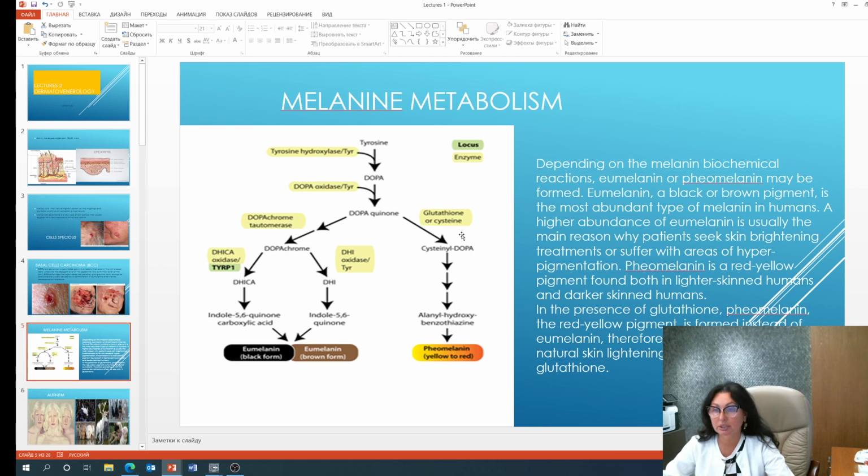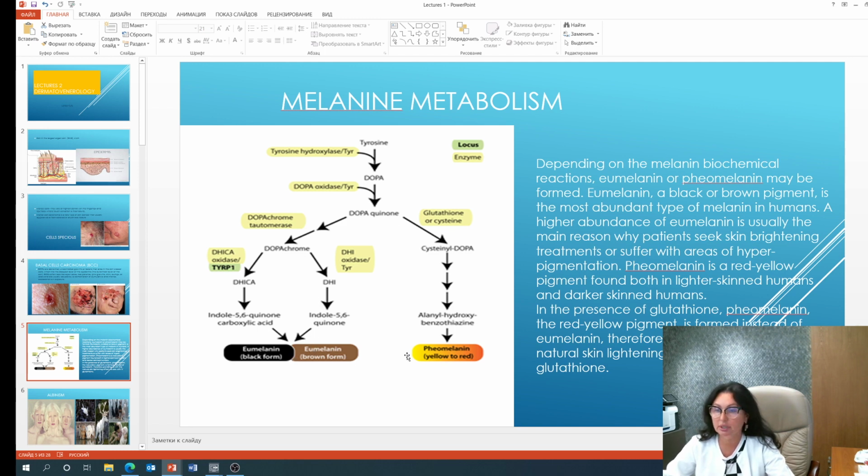People have genetically different enzymes. For example, Asian people more often have the glutathione enzyme, and the result is a different color in humans. African American people have more of this enzyme, and European people have more eumelanin.